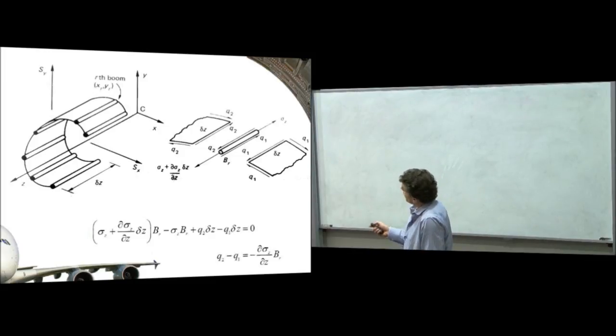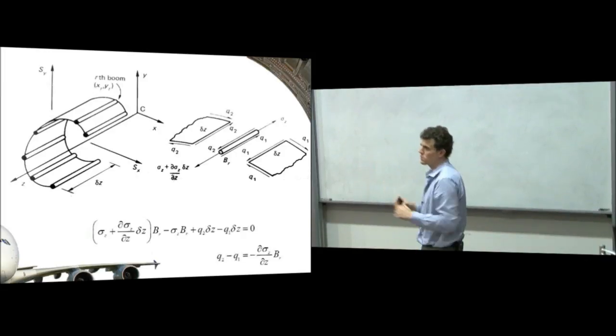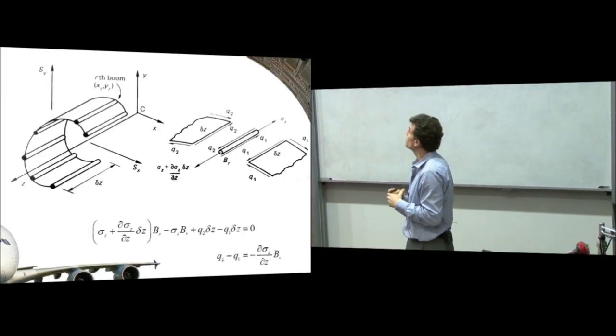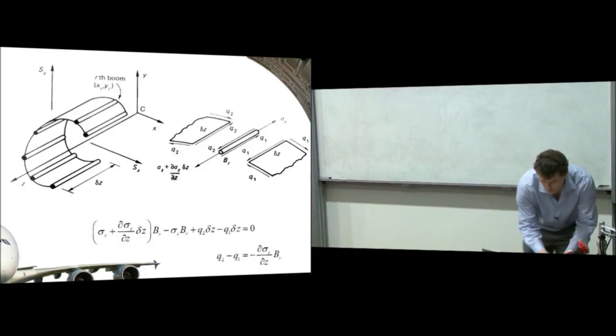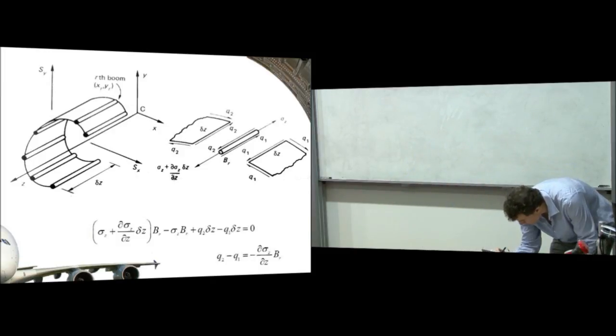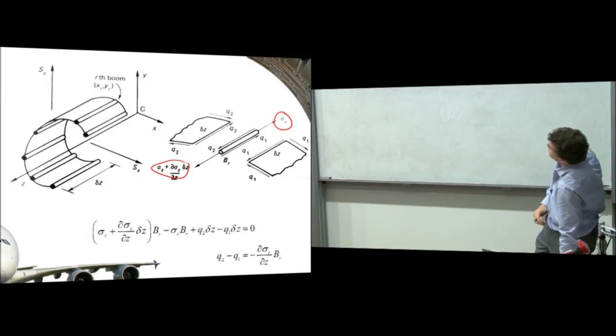Now, if we imagine that these booms run the length of the fuselage, so instead of looking at them in 2D now, I've just twisted around so we can see the 3D view of them. There's going to be some stresses acting on them. So at one end of the boom, there'll be this sigma z that we've calculated. The other end of the boom, there'll be a change in that sigma z.